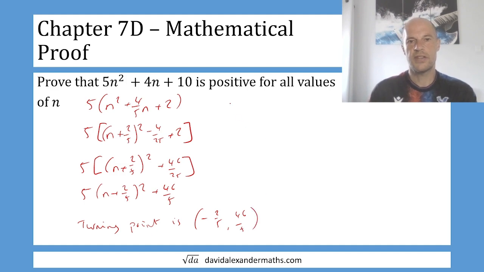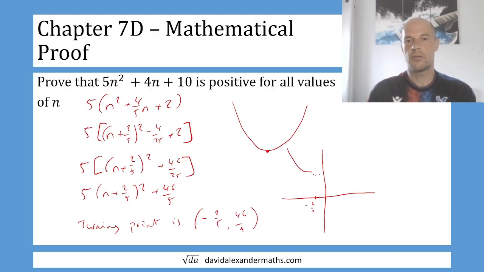If we think of this as a quadratic, then the x coordinate here is minus 2/5, or maybe it's easier if I just draw an axis as well. Okay, minus 2 over 5 is here, and the minimum y value is 46 over 5, so the graph will look like this. We can see that there are no x-intercepts, it never goes below the x-axis, so it's always positive.